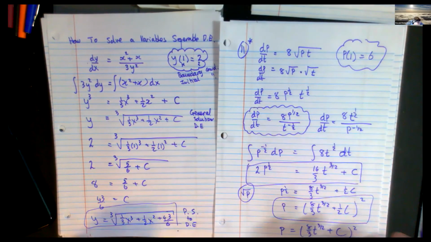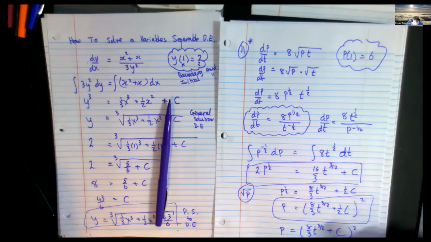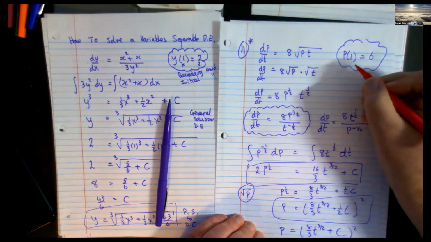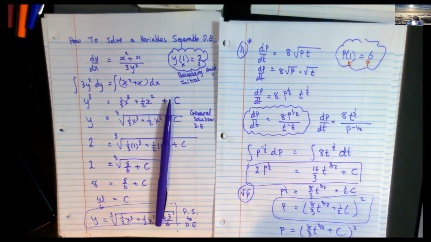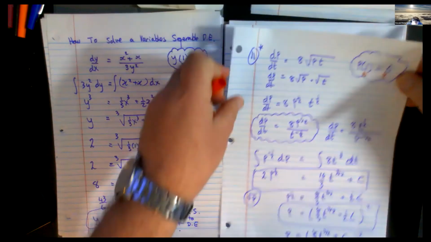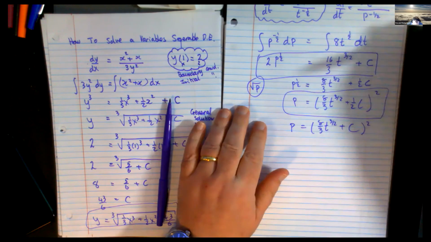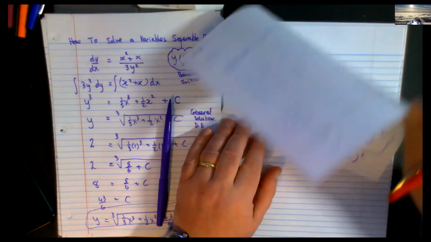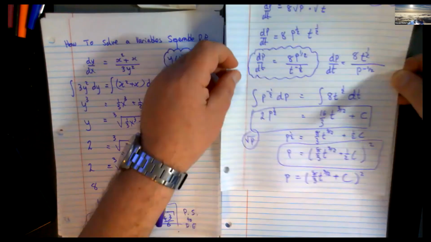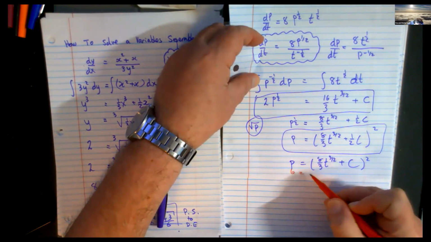They told you that, which means that when T is 1, P is 6. So I should be able to find out what C is, and we should be good to go. So P is 6 when T is 1.